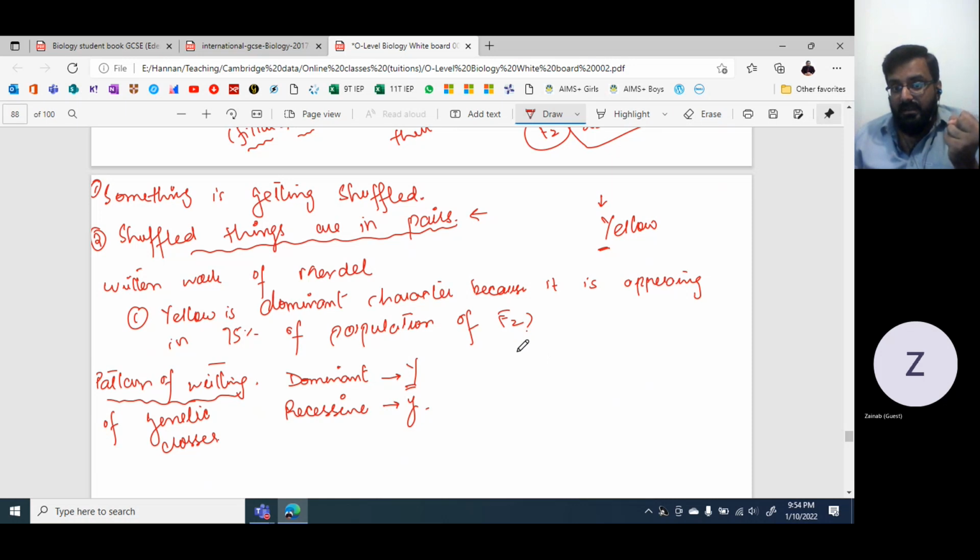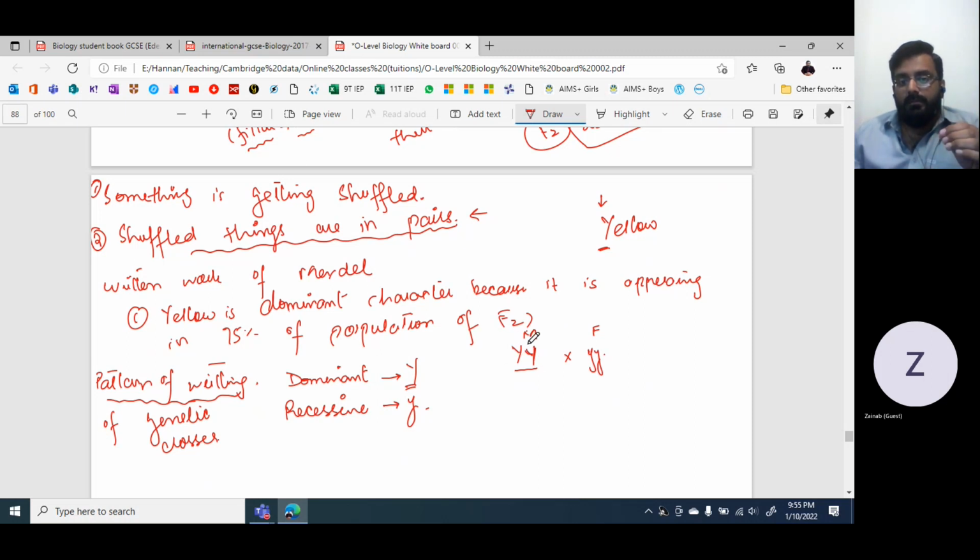What did he start? He wrote YY cross YY. This YY is mentioning the two unknown things which we actually know are alleles. YY are alleles and YY are also alleles. These are from males and these are from females, or you can mention female here or male here.